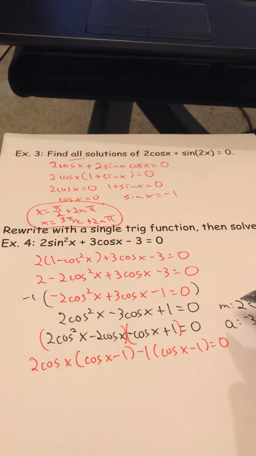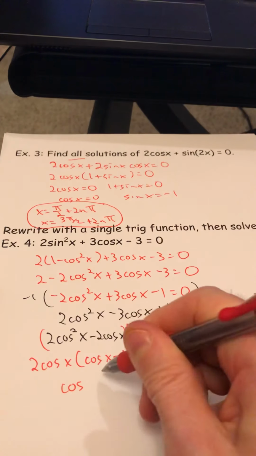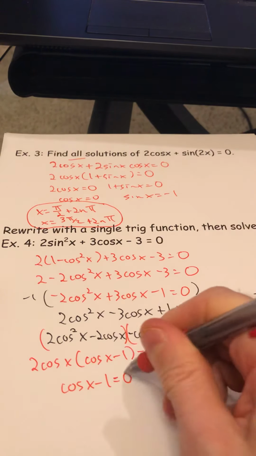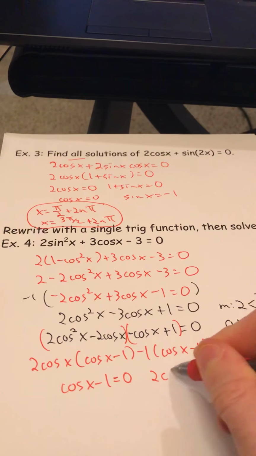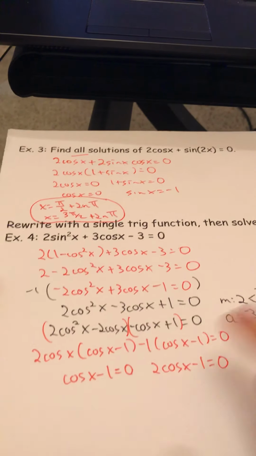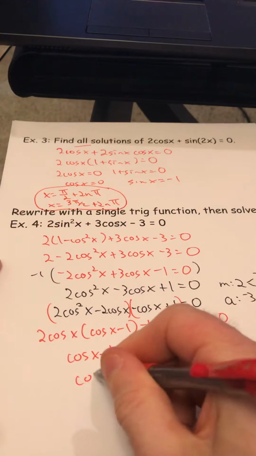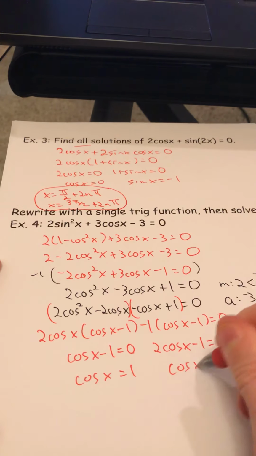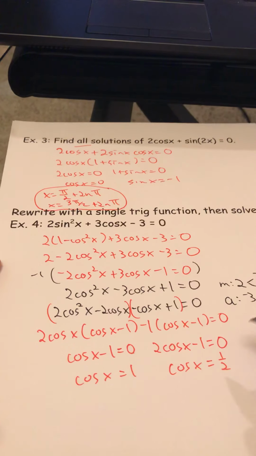So our two factors, cosine x minus 1 will equal 0, and 2 cosine x minus 1 equals 0 as well. So isolate our trig functions. Cosine x equals 1. Cosine x equals 1/2.